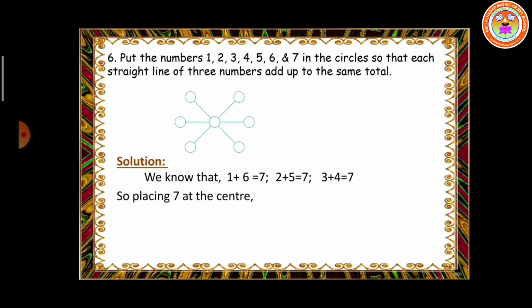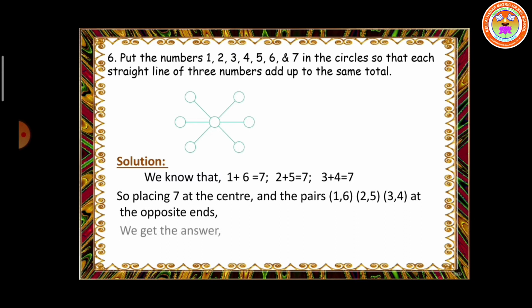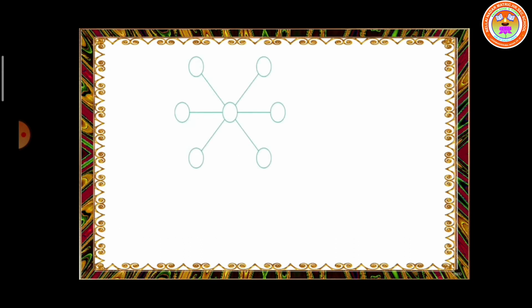So, placing 7 at the center and the pairs 1, 6, 2, 5, 3, 4 at the opposite ends, we get the answer. 1 plus 6, 7. 2 plus 5, 7. 3 plus 4, 7. Can you understand?